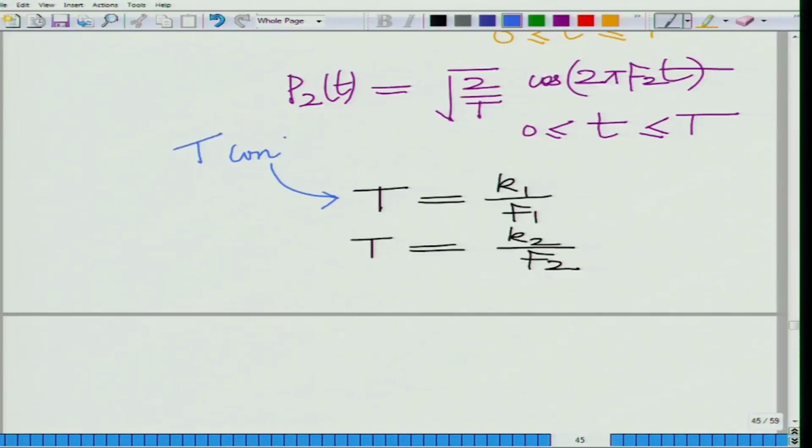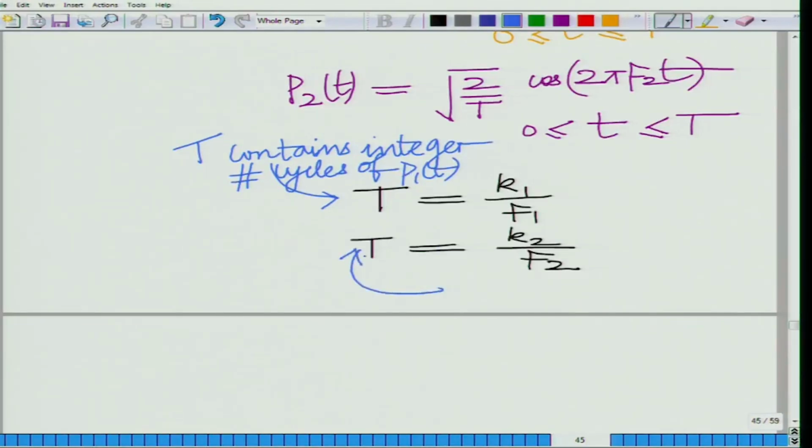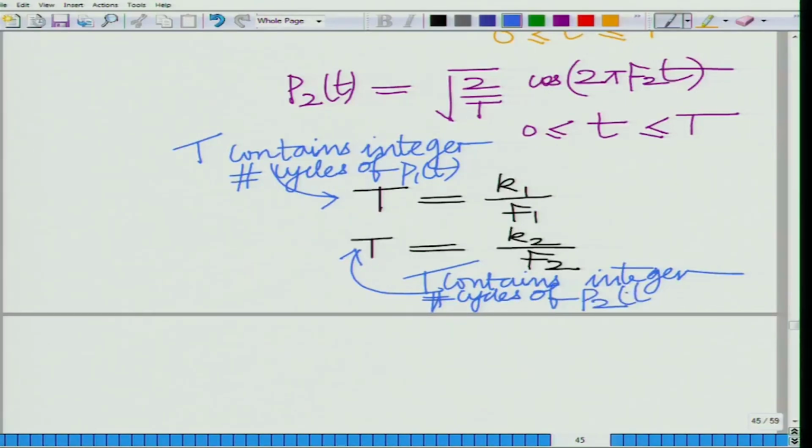that is, this condition says the pulse duration T contains an integer number of cycles of p1(t), T also contains an integer number of cycles of p2(t).